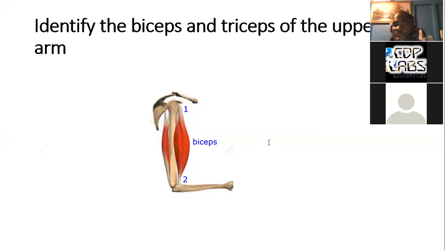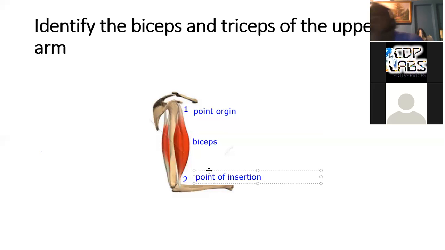So let's just label that: point of origin, point of insertion. So point of origin is where movement doesn't take place when it's contracting, and point of insertion is where movement takes place when it's contracting. All right. Let us proceed.